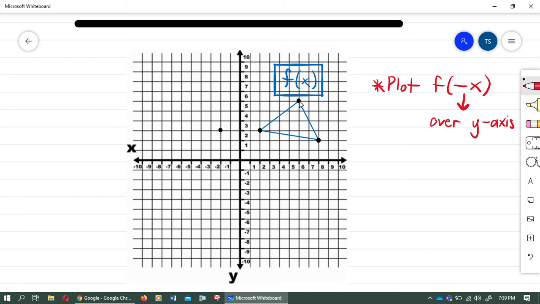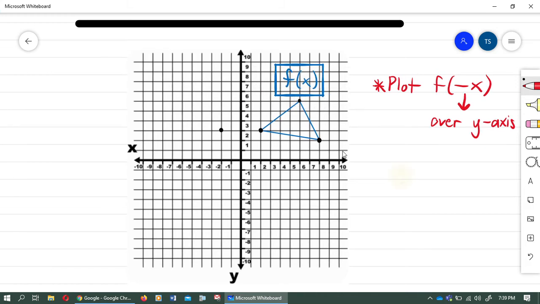So how far is this point away from the y-axis? You can count it: 1, 2, 3, 4, 5, 6. If this point is 6 units away from the y-axis, then when we reflect it, it has to be 6 units on the left side of the y-axis.